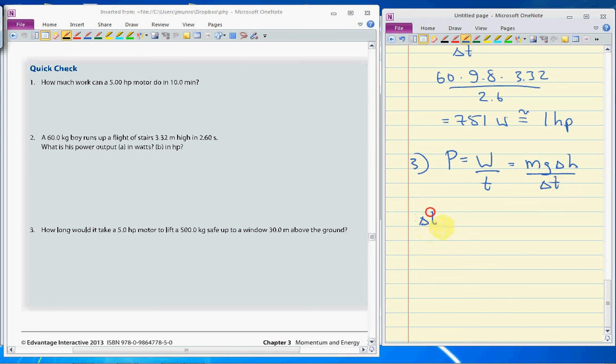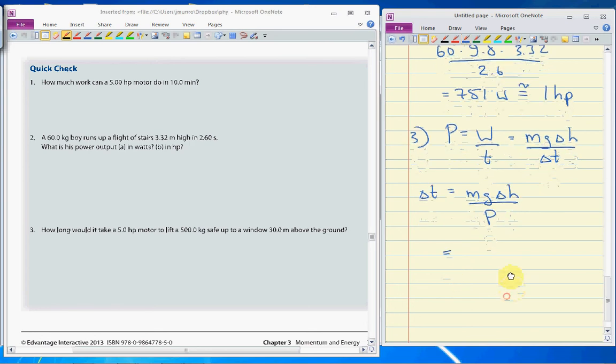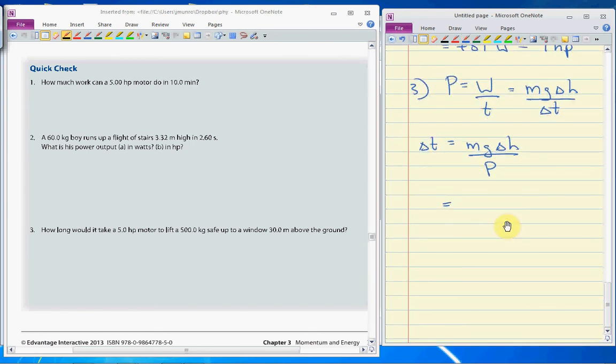By rearrangement, we get the time is equal to mg delta H over P. We need to work in joules, and we need to work in seconds, and we need to work in watts. So we need to do the conversion of 5 horsepower into 3,750 watts again.